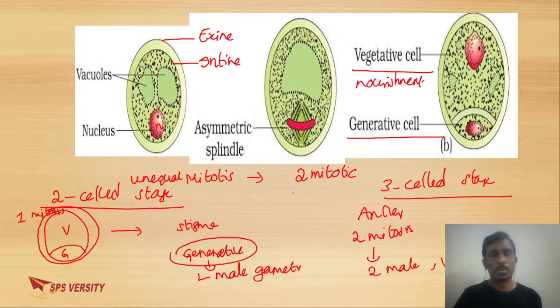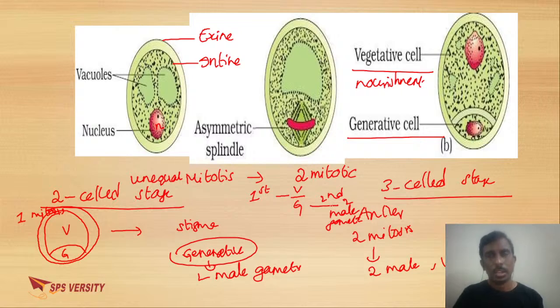On the first mitotic division, one vegetative cell and one generative cell are formed. On the second mitotic division, only the generative cell will divide and form 2 male gametes. That means on 2 mitoses we will get, by the end, 2 male gametes.